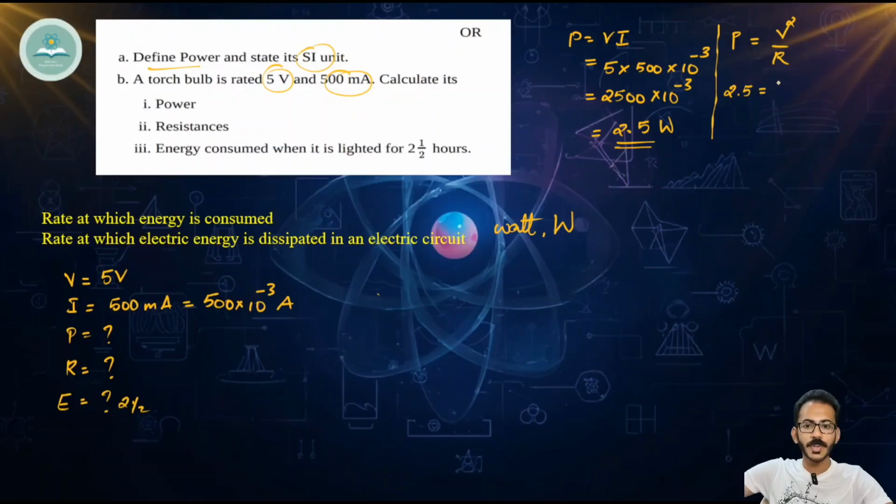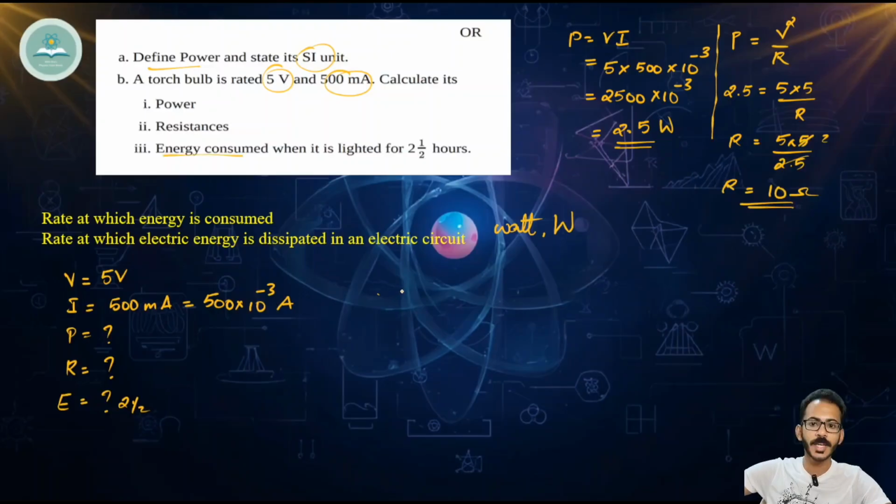So it is 5 square or 5 into 5 divided by the resistance. We are going to find out the resistance. We'll interchange the values. R is equal to 5 into 5 divided by 2.5. 2.5 will go 2 times in 5. So it is 5 into 2. R is equal to 10 ohm. 10 ohm is the answer.